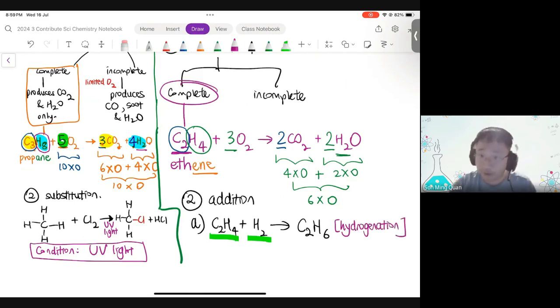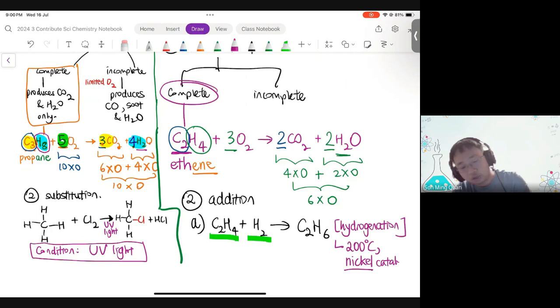Okay, so this is very important to realize. Adding hydrogen, addition of hydrogen, hydrogenation. Now, hydrogenation requires 200 degrees Celsius of temperature. And the catalyst is nickel. So we use nickel metal to speed up this reaction.